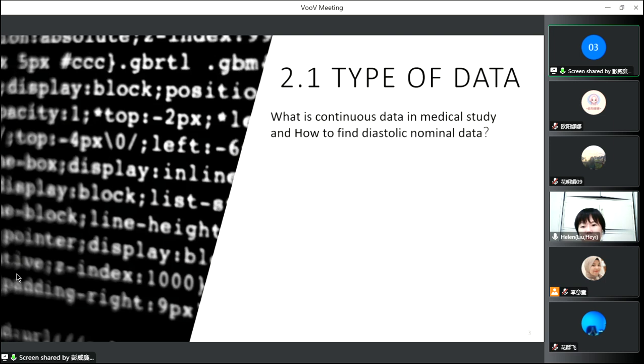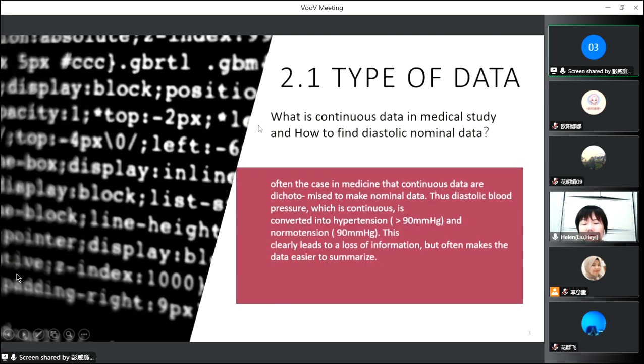And I have three examples of season 1. What is continuous data in medical study and how to find historic nominal data? Often the case in medicine, the continuous data are converted to nominal data.